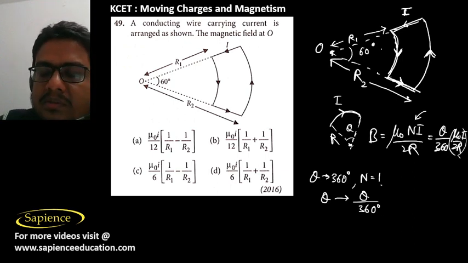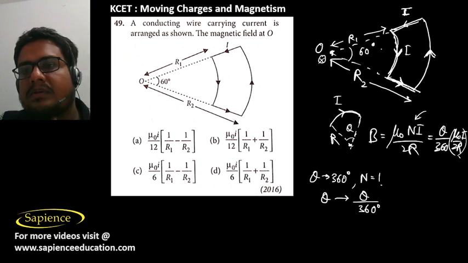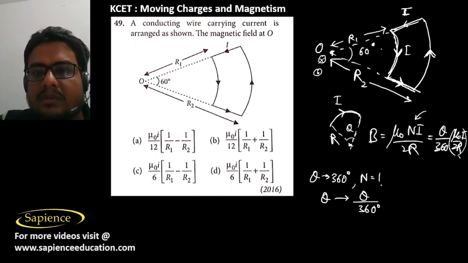So due to this part, the magnetic field will be inwards if I use the right hand thumb rule, and due to this part it will be outwards. So we have to subtract them.